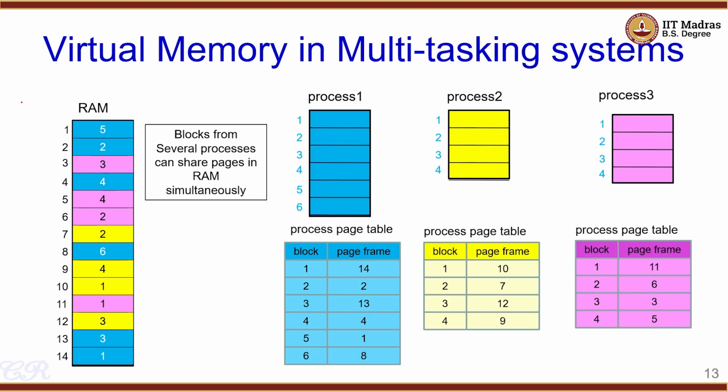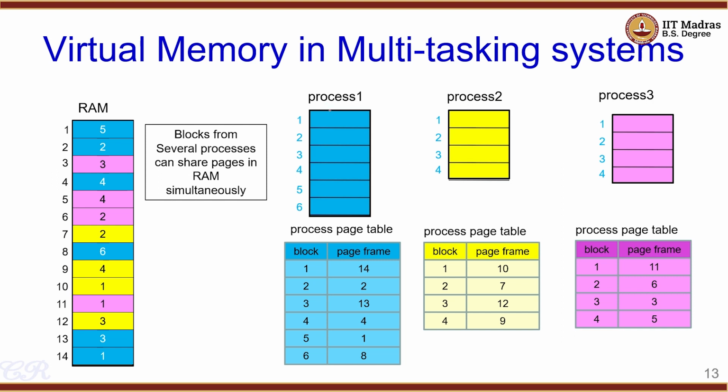If I have multiple processes running, in this case process 1, 2 and 3, the same concept can be extended. Each of these processes' code and data space is split into blocks of 4 kilobytes, which is the page size, and each is handled separately.